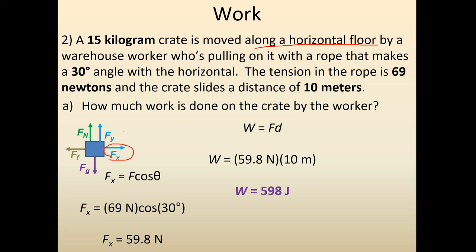Notice that I did not include the cosine theta here, because now that I broke it up into components, the theta would be 0 degrees. If I wanted to, I could have instead combined both of these into one step and done 69 newtons times the 10 meters, and then times cosine of the angle between the force, which is 69 newtons, and the horizontal distance, which would be 30 degrees.